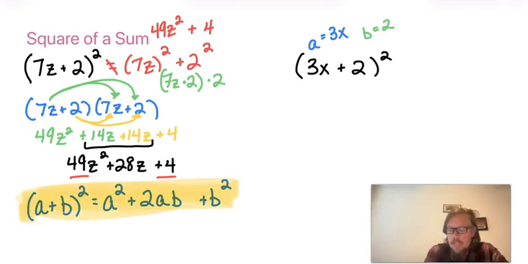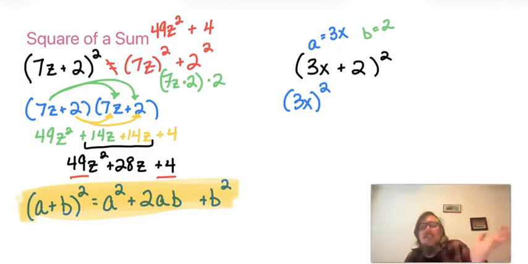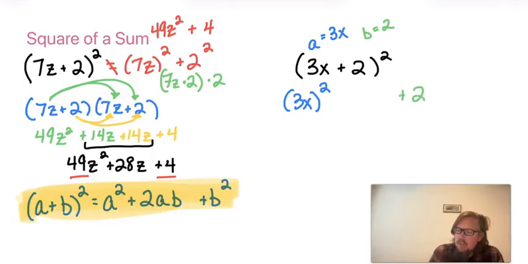So our first term was 3x, we're going to square it. And then at the end, we're going to take our b, our last term, and square it. So plus 2 squared.